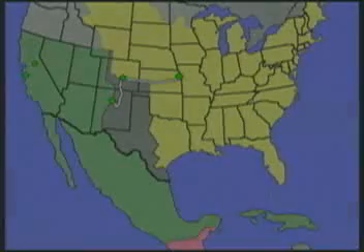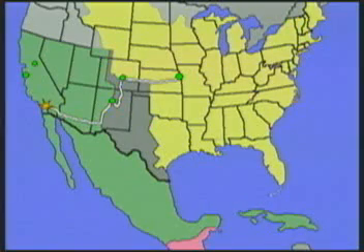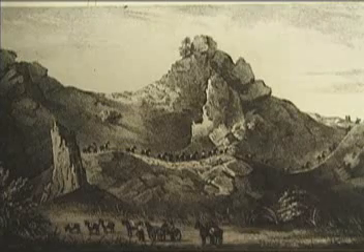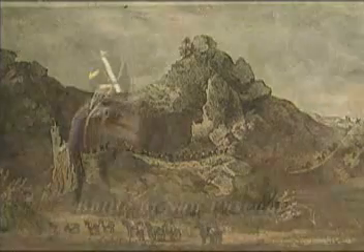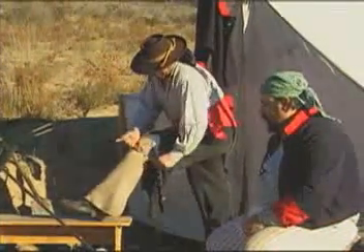A few months later, in December of 1846, General Kearny's army had finally reached California. As they crossed over some high hills down into the valley of San Pascual near San Diego, they encountered Mexican soldiers. In the ensuing battle, Kearny was badly wounded and some of his men were killed.